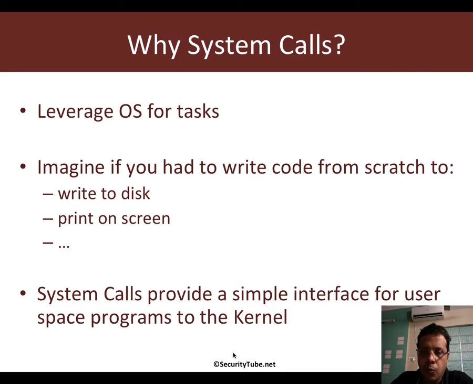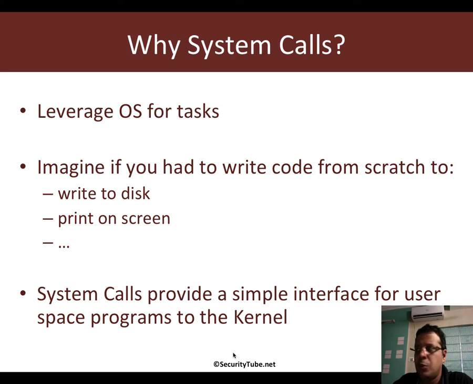Now one of the things you're probably thinking is, if you had to write print on screen source code, imagine the number of hoops you would have to go through. You would have to figure out how to communicate with the external device, which could be a CRT monitor or an LCD or something else. Then you would have to figure out how to position the string, and then finally how to write it. There's a ton of complications in there, where you really do not want to reinvent the wheel for every single program which you write.